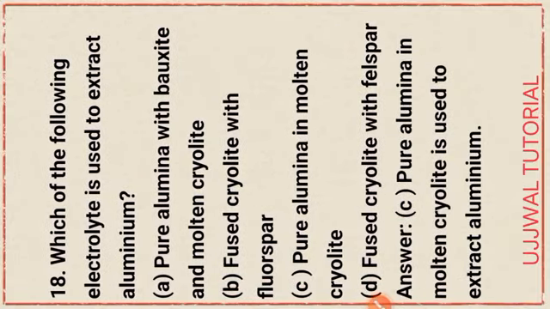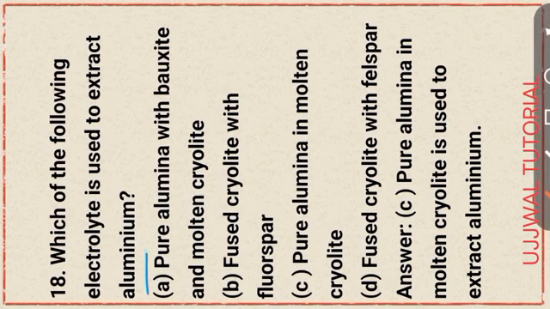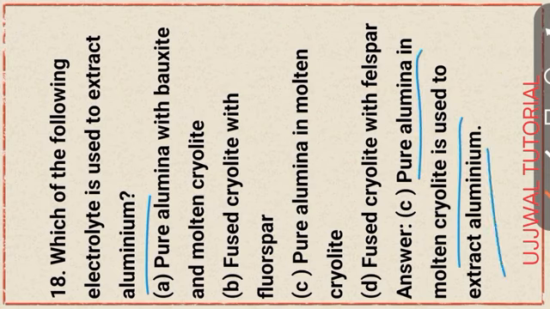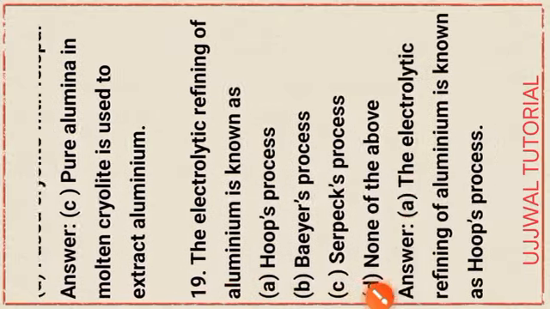Next question, question number 18. Which of the following electrolytes is used to extract aluminum? Option C, pure alumina in molten cryolite. Pure alumina in molten cryolite is used to extract aluminum. Next question, question number 19.